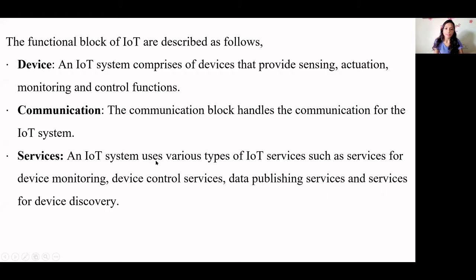Next one is services. The IoT system uses various types of IoT services such as services for device monitoring, device control services, data publishing services, and services for device discovery. That is one more functionality this IoT device has, based on what service it provides.